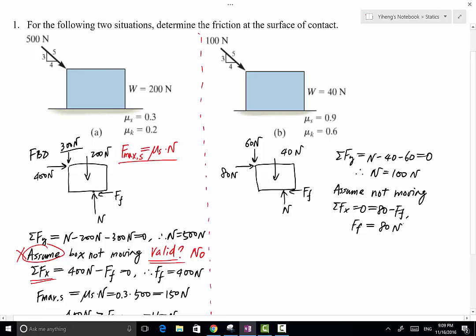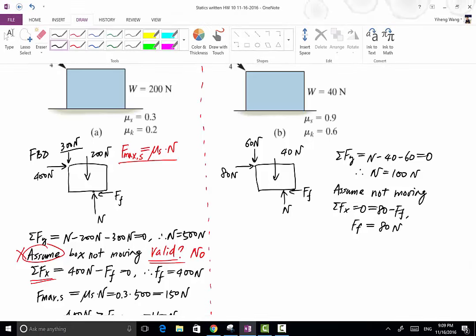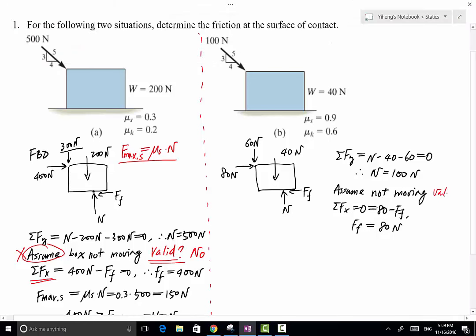So again, the question is, is this assumption a valid assumption or not? How do we know? Again, we compare this with mu s N, because once again, that is the maximum possible static friction between this box and the surface.